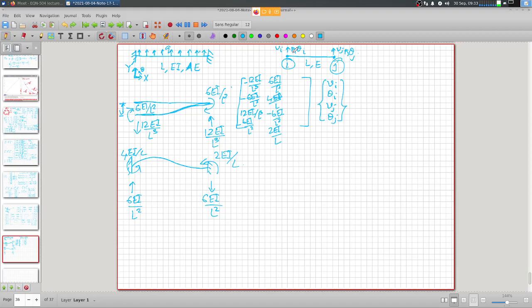Now the question that I wanted to address was, how are you going to model this problem? Now if I model this problem by one element only, say if I just use this entire length of the beam and model it as a single element, what happens?